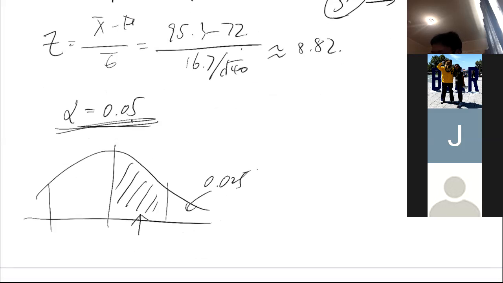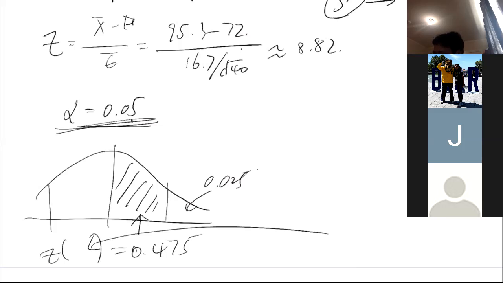So if we were to find the z-score, this area will be 0.475. Then we're essentially finding what z-score gives 0.475. That's why we get this value equal to 1.96.